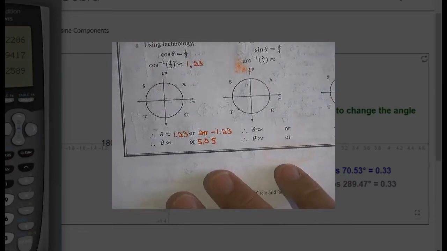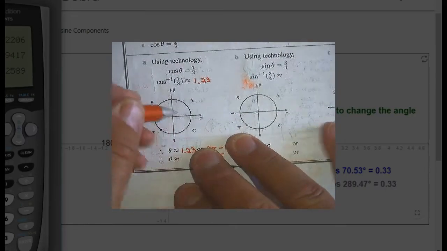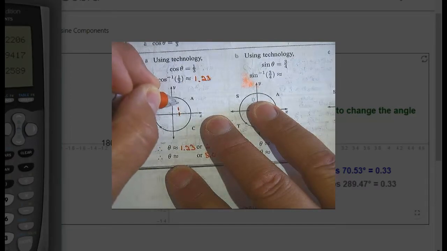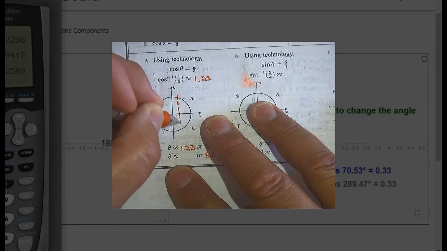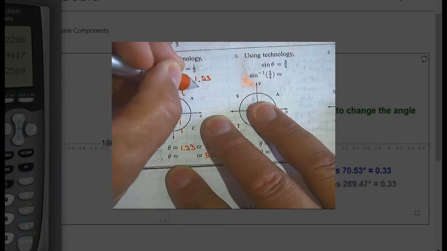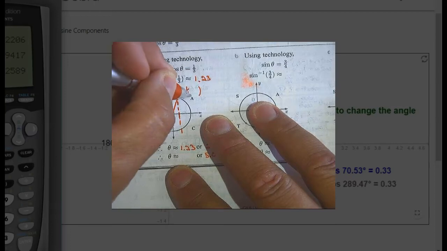Okay. So if we made a sketch of this, cosine of 1/3 was about there. The x-coordinate there is 1/3.